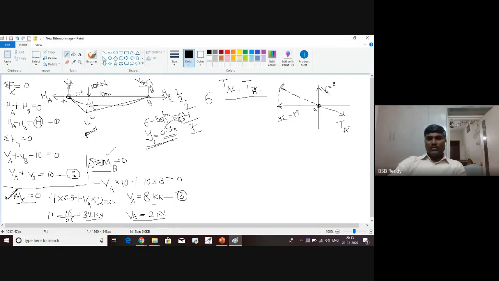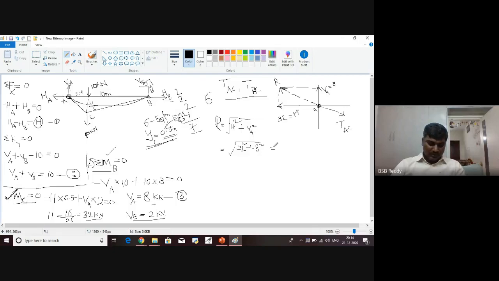How do you calculate the resultant value? It is the resultant of V and H. What is the resultant of V and H? The square root of H square plus VA square. So it is the square root of 32 square plus 8 square. How much?